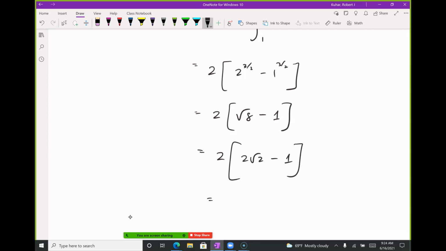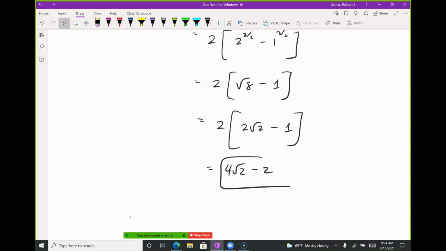And that's a good answer. I also don't mind this one. And then of course we can get an approximation of this and check it on our calculators, right?